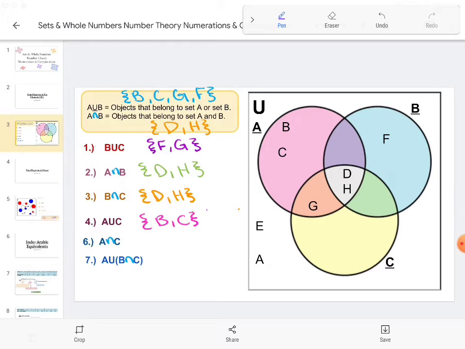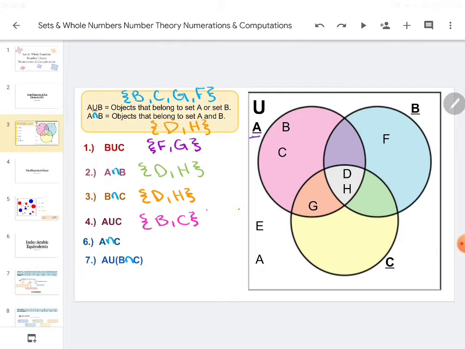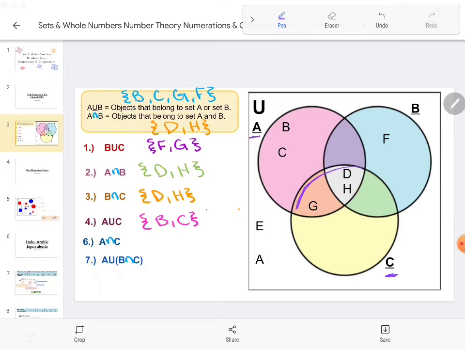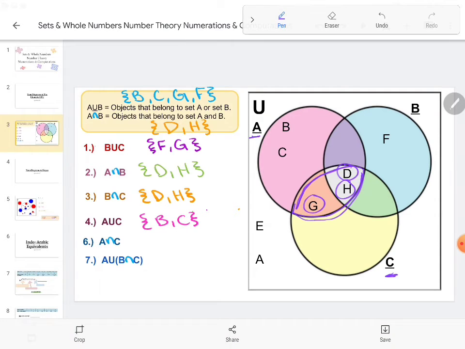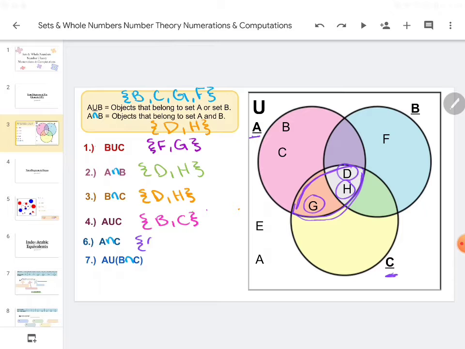Now, if we take a look at A and C, we'll notice that we have an overlapping section right here among the two, and we have the letters G, H, and D, which will actually be a part of our solution since they're shared between A and C. So we'll go ahead and do G, H, D.